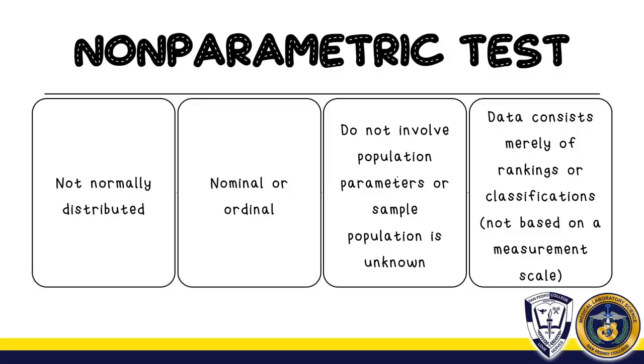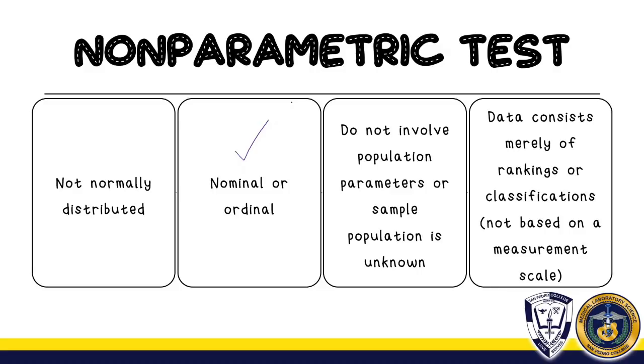Now, how do we know if it is not normally distributed? One thing that could describe that your data set is not normally distributed is its measurement scale or type of data. If it is nominal or ordinal, then it is mostly not normally distributed. If you still remember, nominal, from the word itself, means naming, or categorical, and it is not actually in numbers.